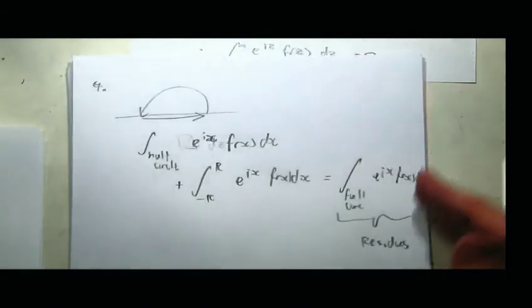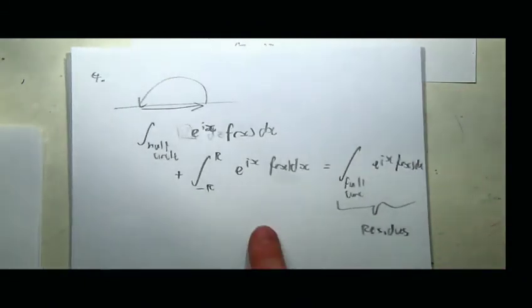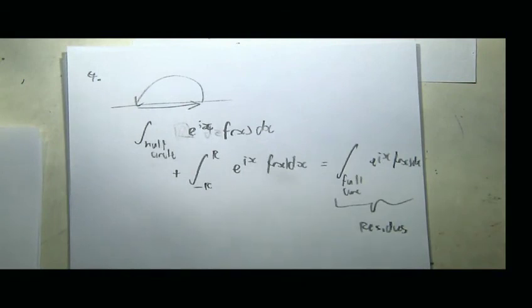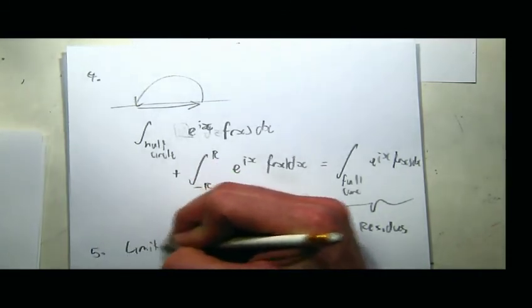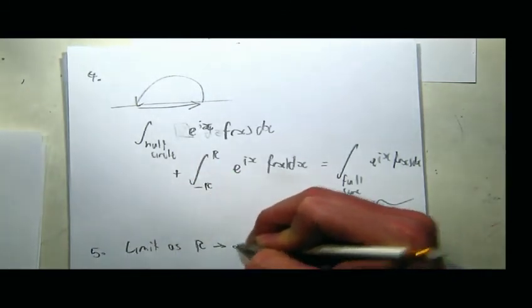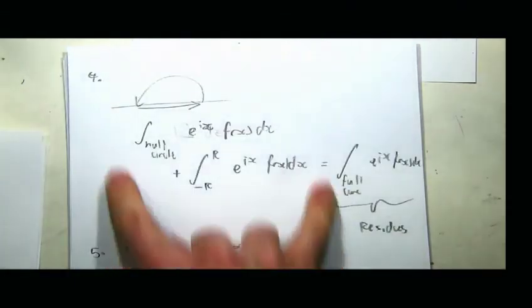Okay, and I'm going to get that, and then we do the limit. Now we do the limit as r goes to infinity, and the limit of this bit is 0, that bit there.